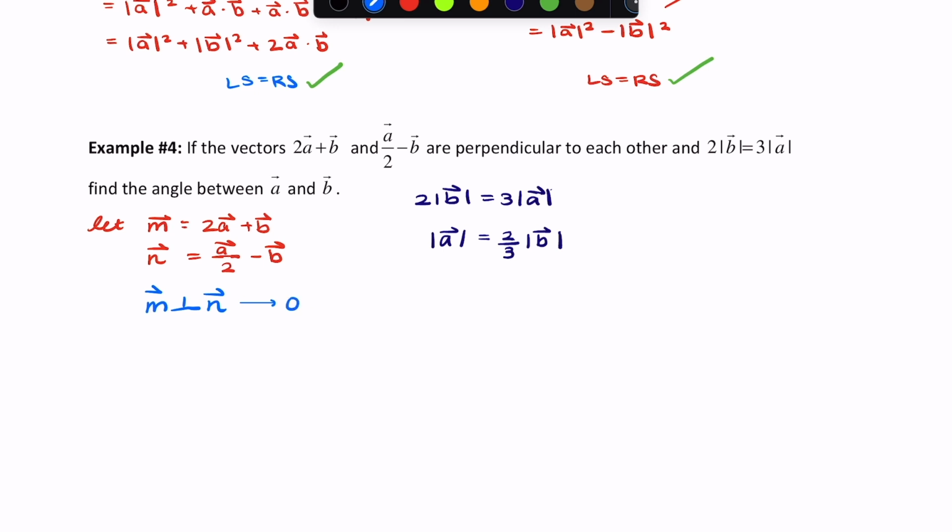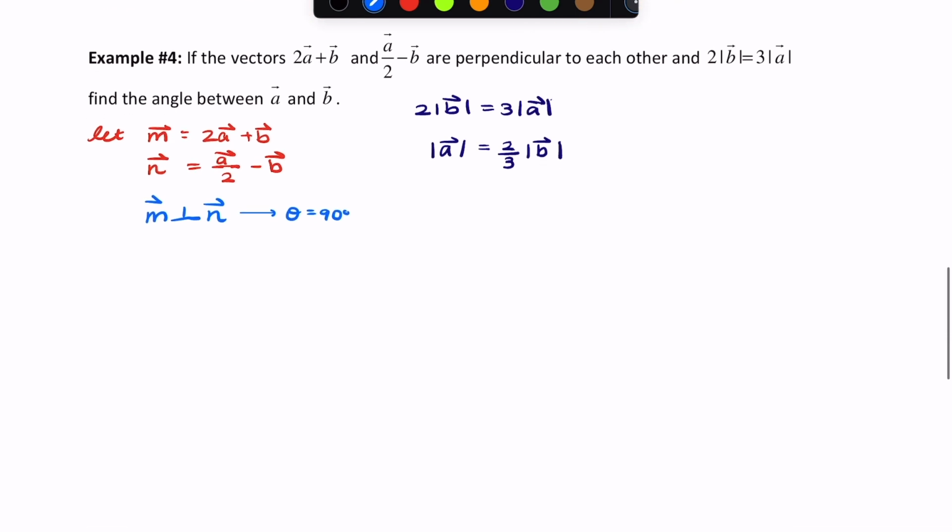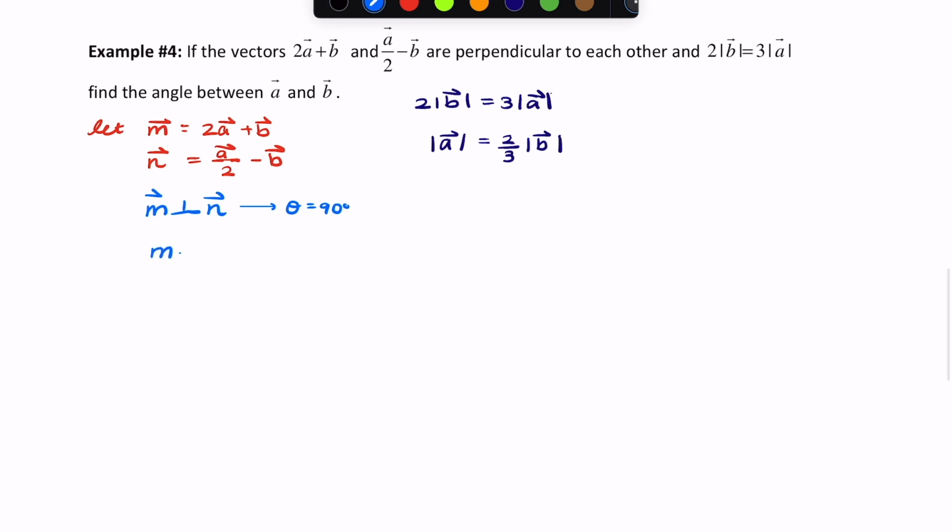And so that means here theta is equal to 90 degrees. So we know that the dot product, M times N, will be equal to 0.